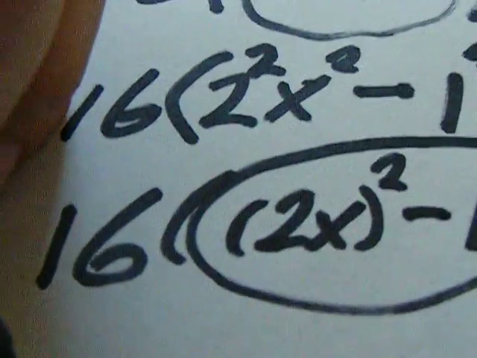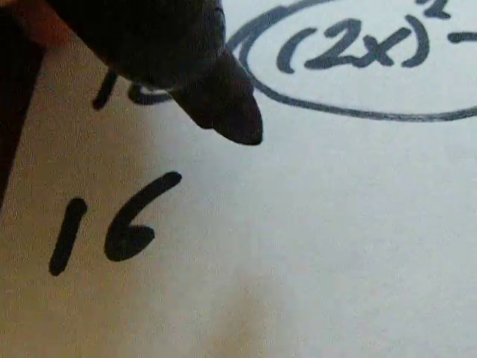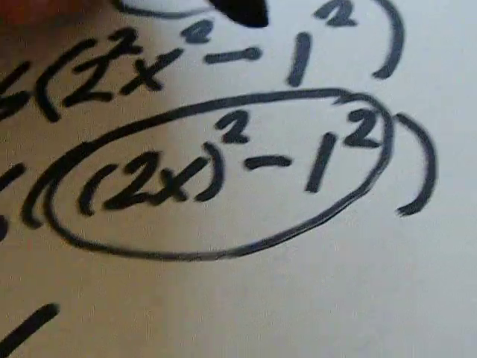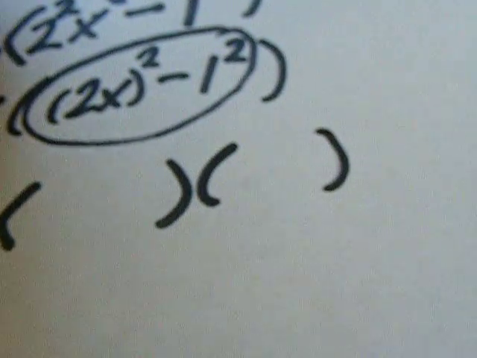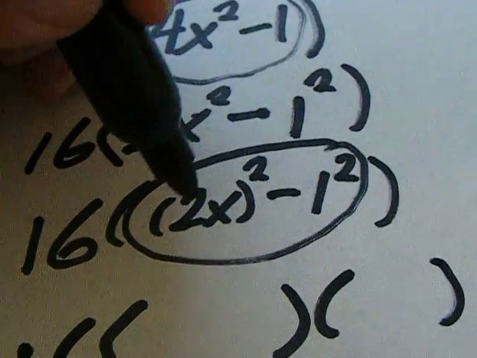So I've still got the 16 out front. Here we are, 16. Now I'm going to factor this some more. I'm expecting I'm going to have something that looks like this. So I'm going to take what's inside, applying this formula.